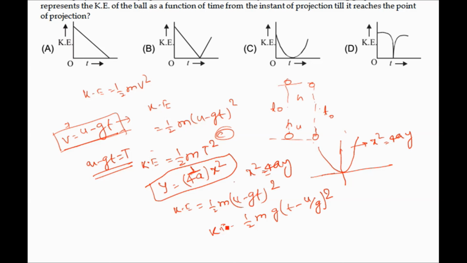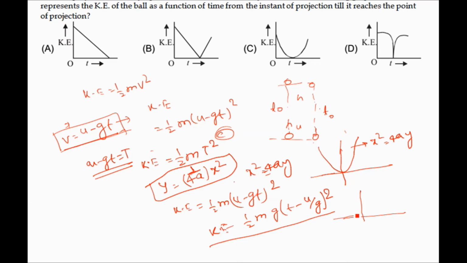So basically kinetic energy may be represented in this way also. The right hand side will be 0 for the time t is equal to u by g. So for t is equal to u by g, the kinetic energy will be 0, and this graph will be shifted by a distance equal to u by g.